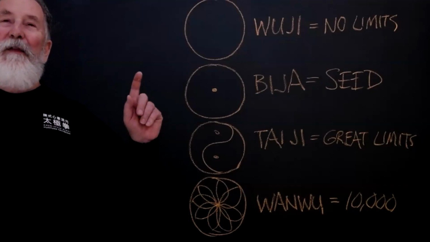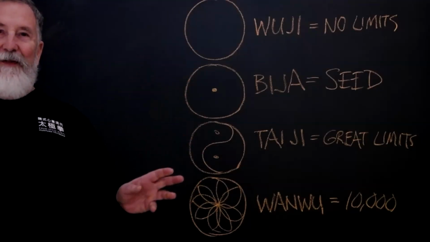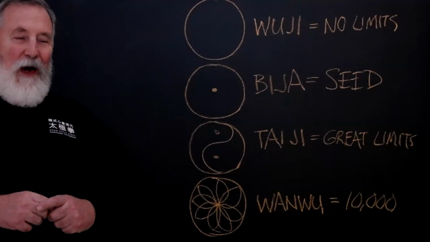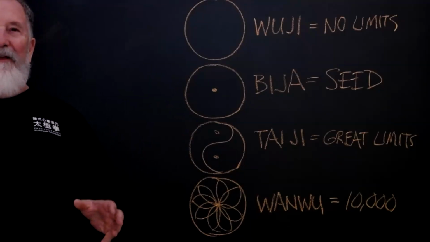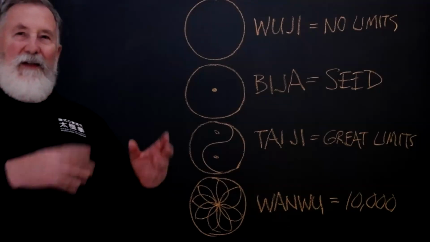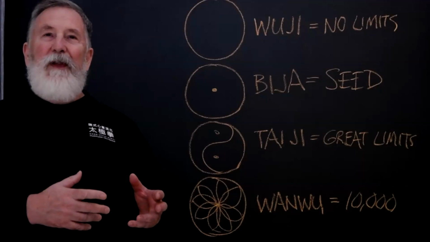Now, there's lots of different ways that you can look at this. There are many ways to define cosmology, metaphysical cosmologies in different traditions. This is just one way, but it's kind of the way that we use, right?